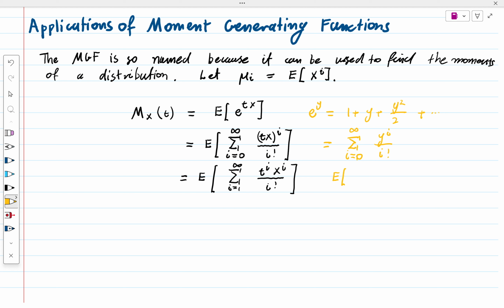If you have the expectation of a sum of functions of x, you can take the expectation of each function independently. Notice that this summation is a sum of a series of functions in x to the i. So by the same token, the expectation of a sum is equal to the sum of the expected values of the functions.